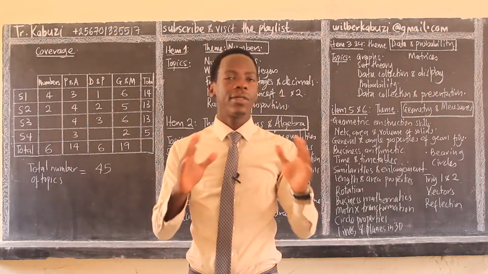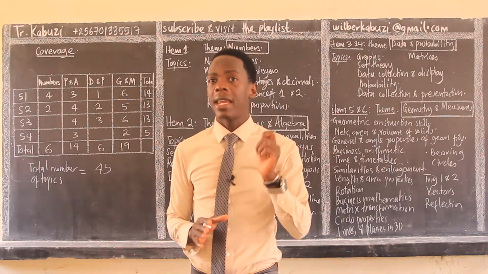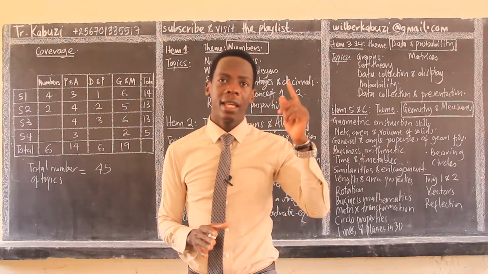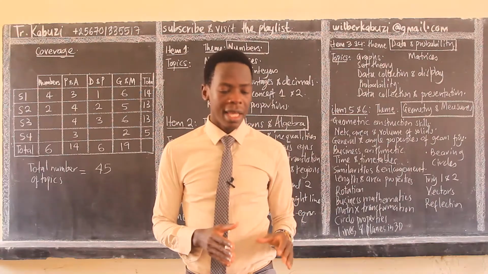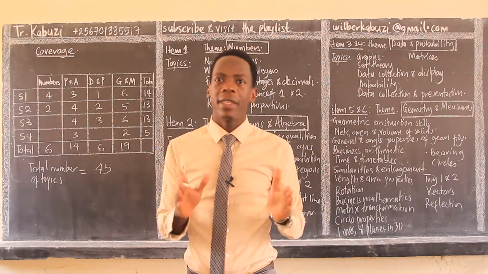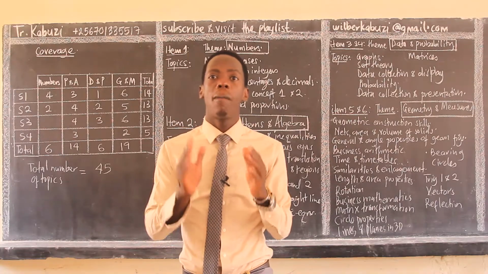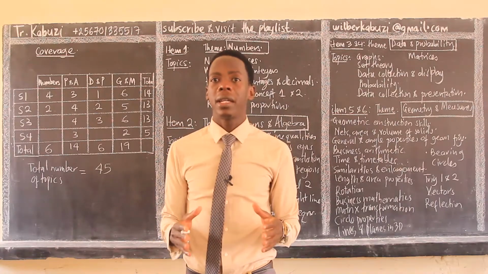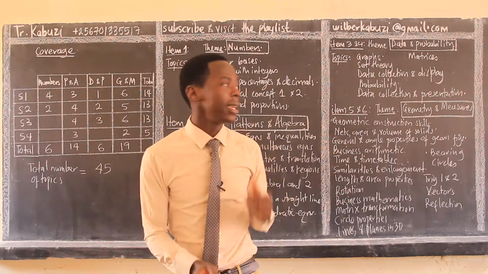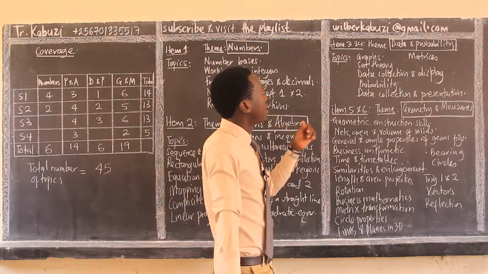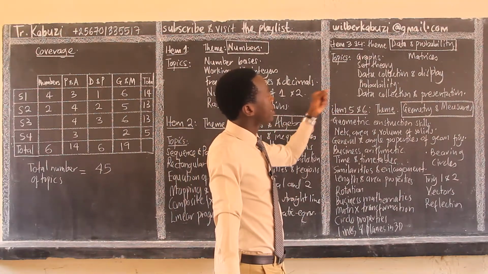You are exhausting the learning outcomes and making sure that the competence has been achieved. But an item combines more than one topic so that you can set one question from there. So that is data and probability.